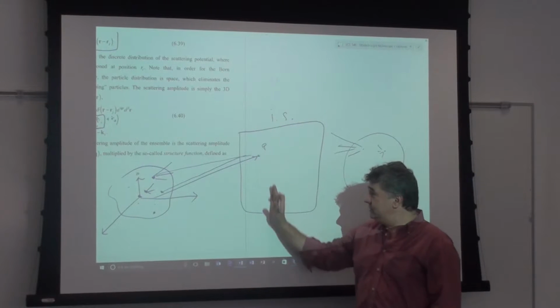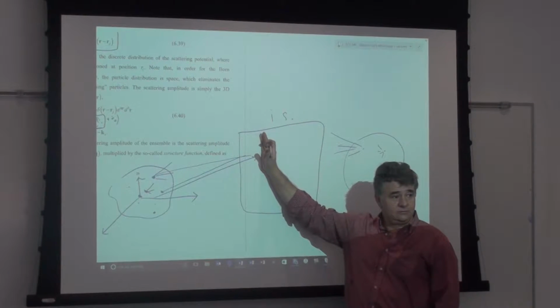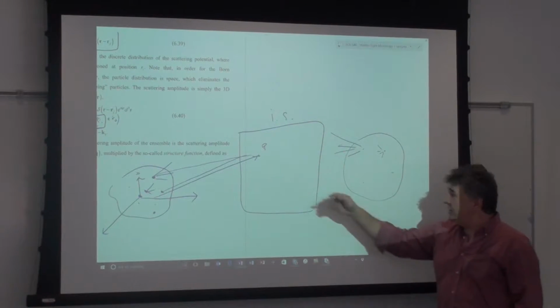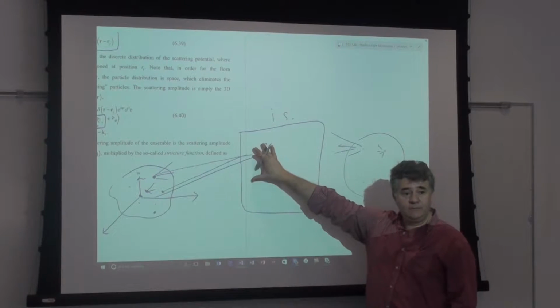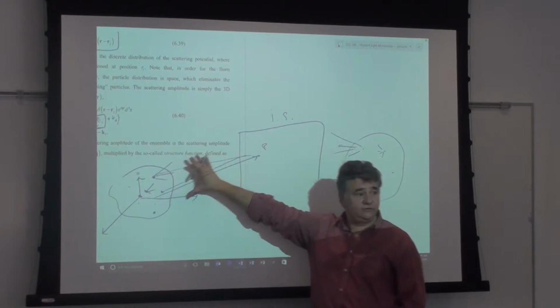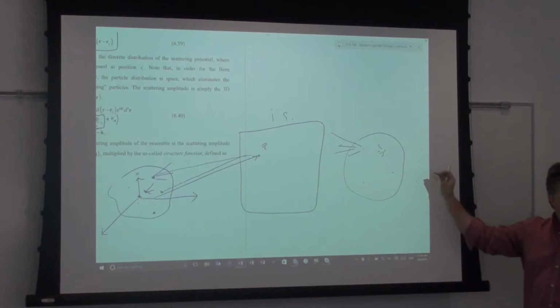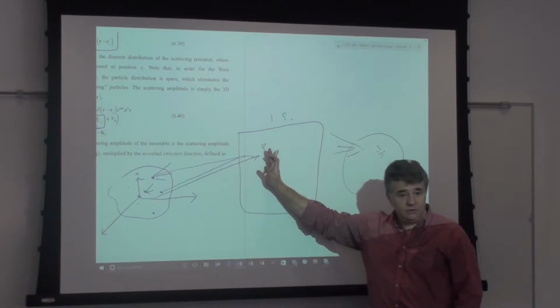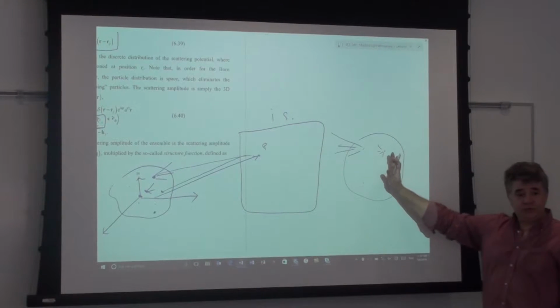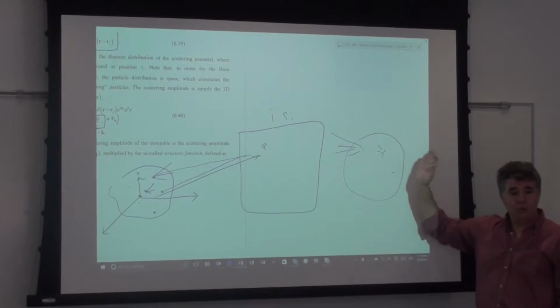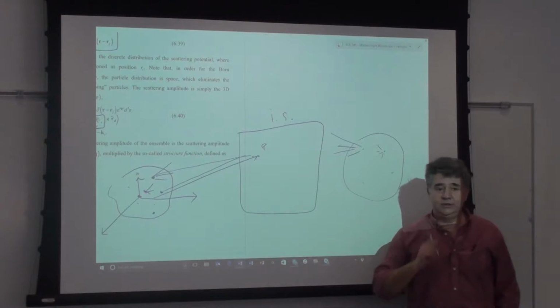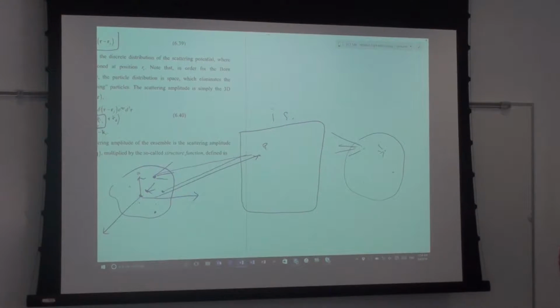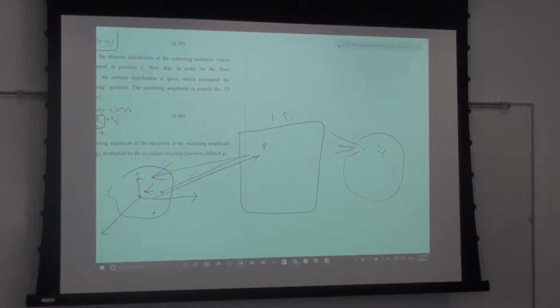One is measuring the scattered light directly. The imaging is adding something in between that actually reverses the effect of this diffraction. So one is measuring in the frequency domain, in the Q domain. Imaging is measuring in the spatial domain. Why are they not entirely the same thing? Why do we have two kinds of people?